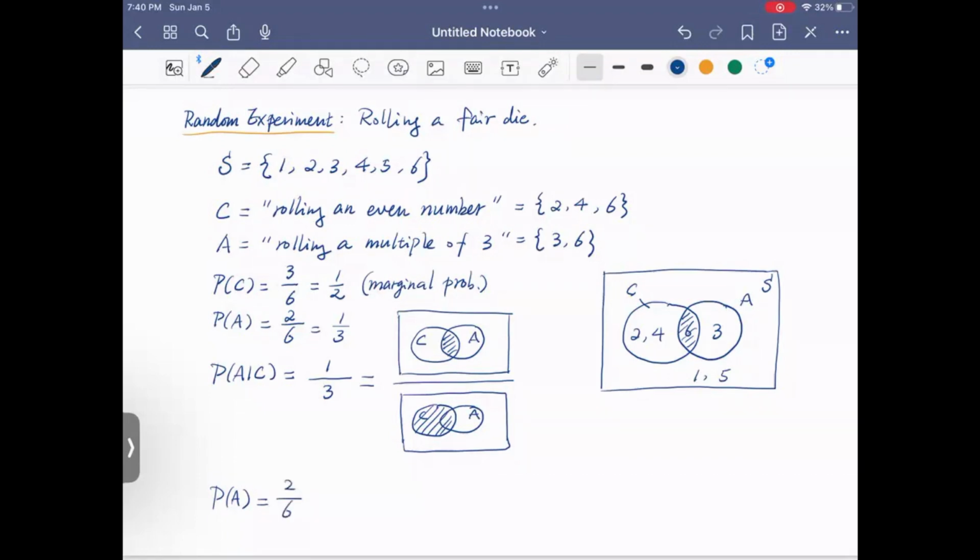Let's just use 2/6. The numerator should be A, and the denominator should be the entire sample space. So the conditional probability of A given C is the updated probability that A occurs, provided that C already occurs. Originally, we had a ratio like this. Now we have a ratio like this.